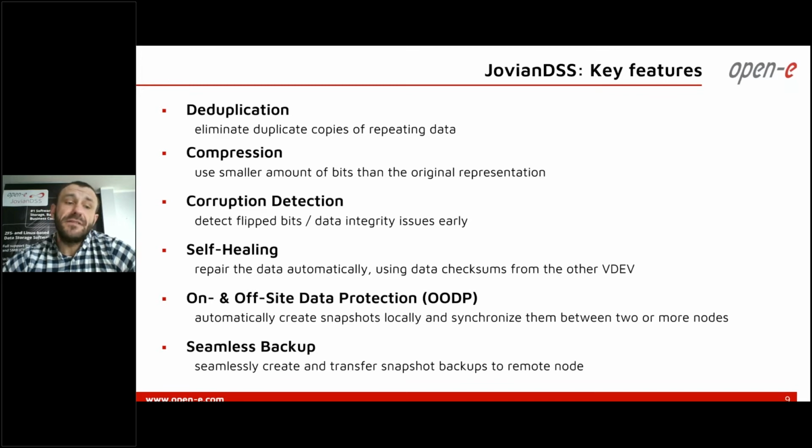And at the end, on and offsite data protection, which we will take a little bit more in the next slides, but in short, it allows the administrator to create snapshots and replicate them locally or synchronize them to a remote destination, and in that way we can create backups of our data.